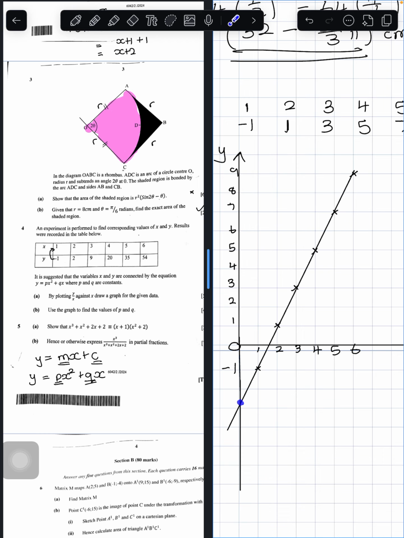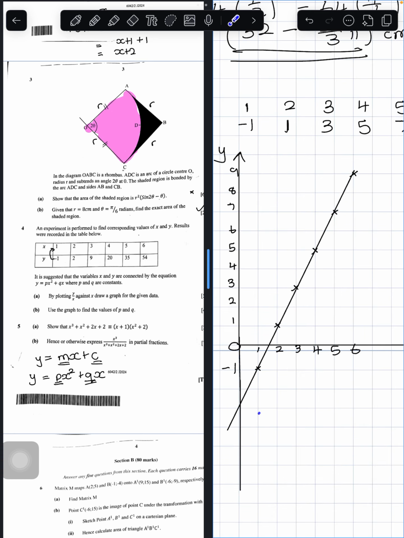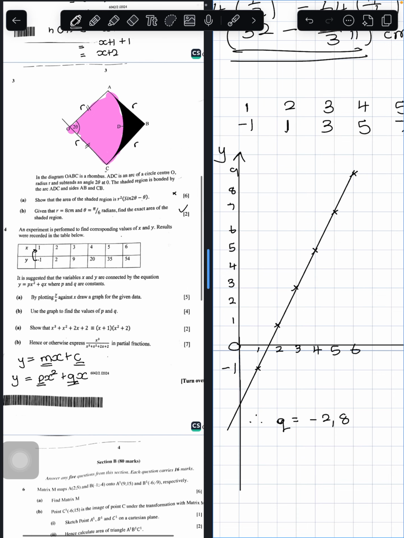If you check roughly, that point looks like minus 2.8. So we can just write that. I'm sure you will have accurate answers if you're using a real graph paper, unlike me. Therefore, Q is equal to minus 2.8.